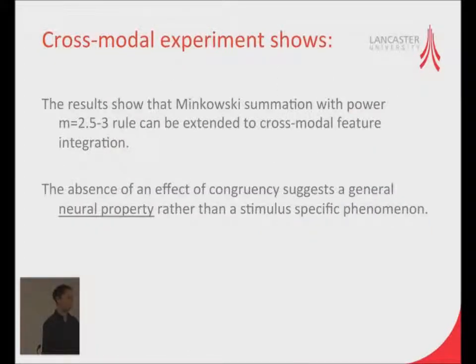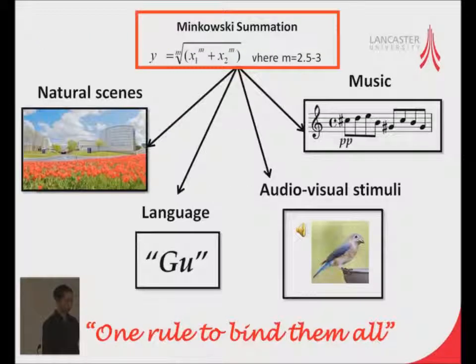So the cross-modal experiments show that the same kind of Minkowski summation with a similar m value could be used to generate pretty good estimations of R3, which is how the features integrate. And the absence of an effect of congruency suggests that it's a general neural property rather than a stimulus-specific phenomenon.